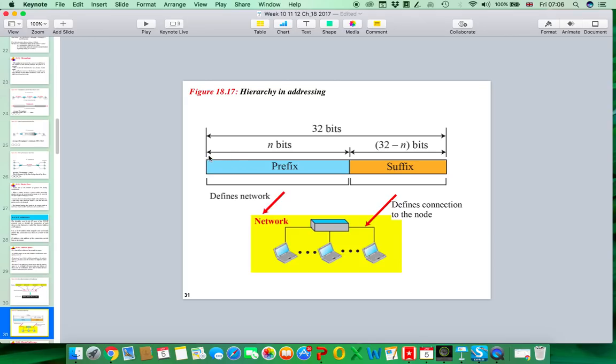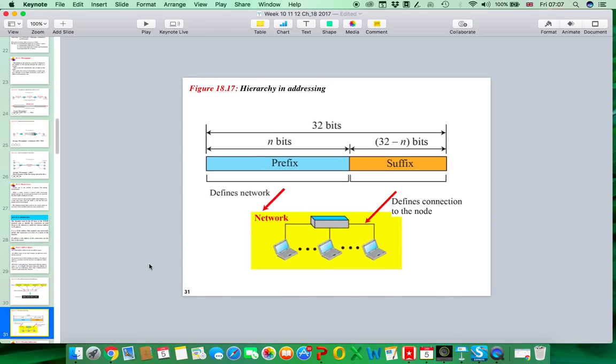But just remember that the prefix is the network bits and the suffix is the host bits. If the prefix is n bits, the suffix will be 32 minus n. So this is about the layout of the IP address.